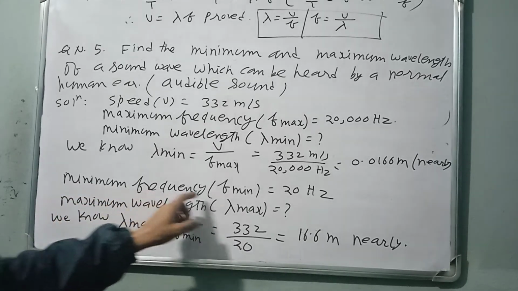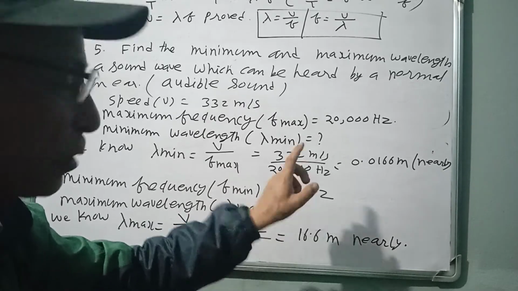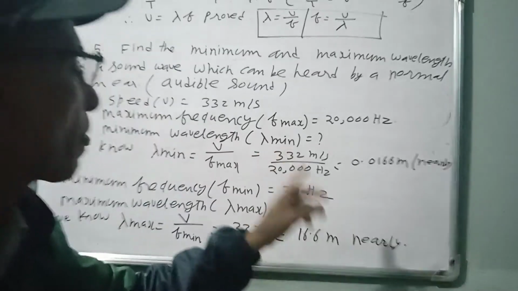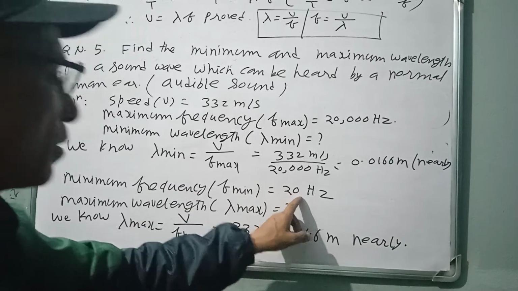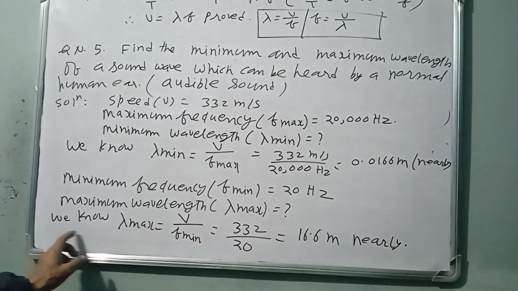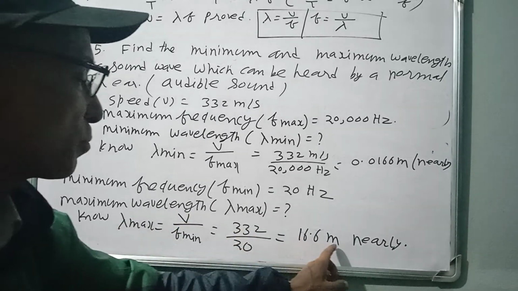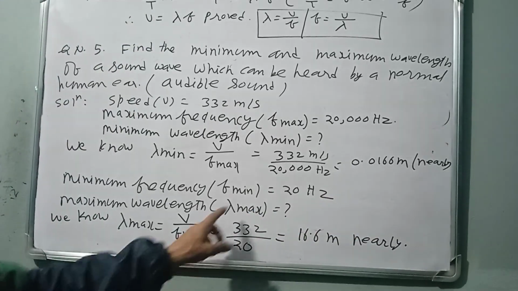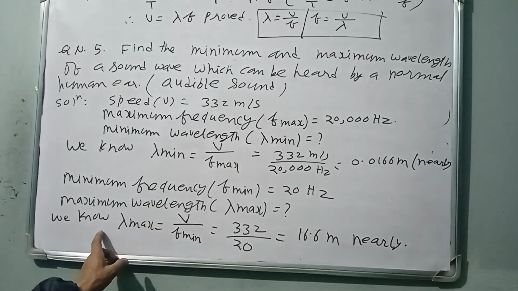And the minimum frequency of audible sound is 20 hertz. Below 20 hertz is infrasound, above 20 kilohertz is ultrasound. Maximum wavelength lambda max equals V by F min, 332 by 20, 16.6 meter nearly.